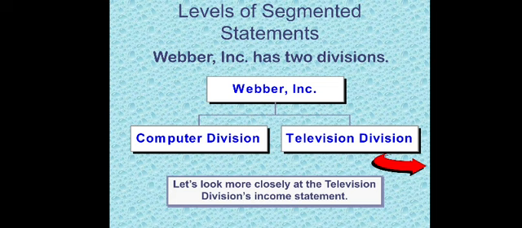In this video, you will see how to prepare income statement for segments of a business. The thing is like this. Let's say you have a business. Your business produces frozen food, and then you have two products.